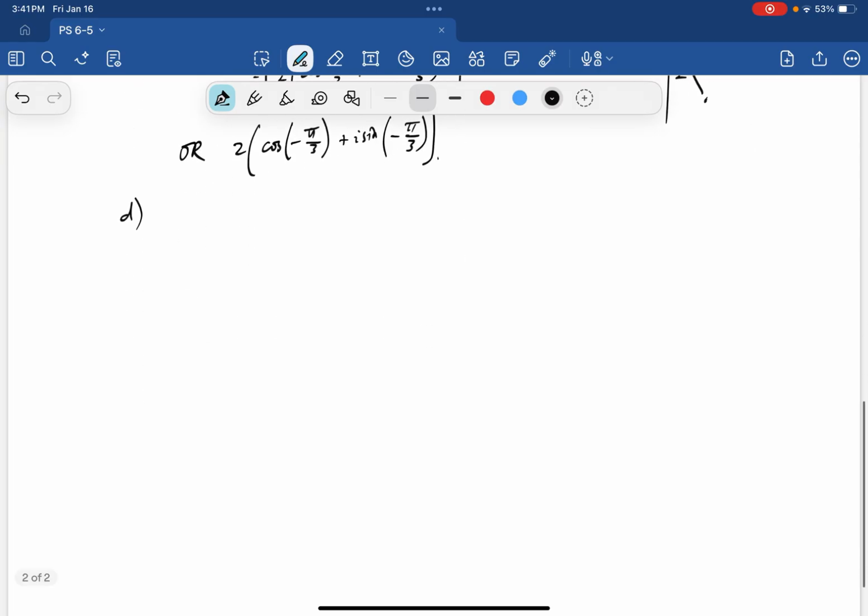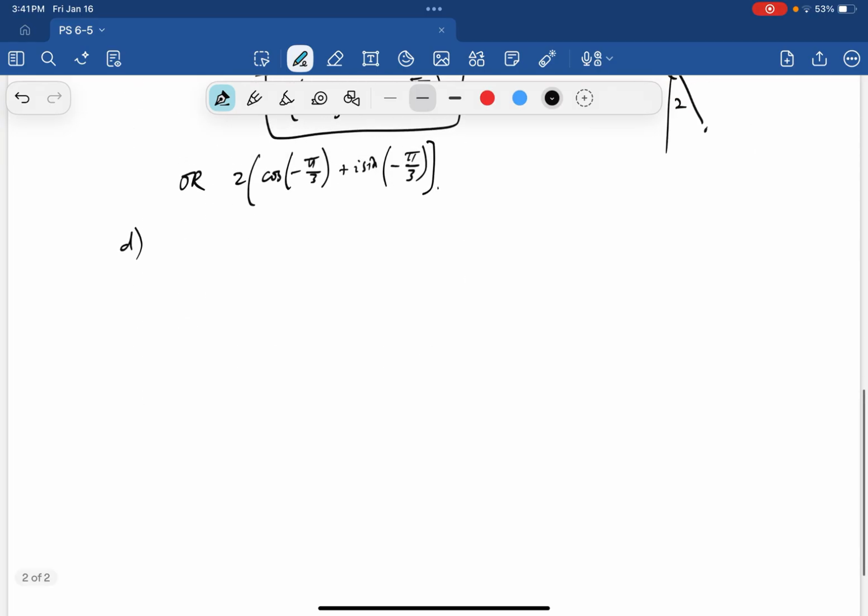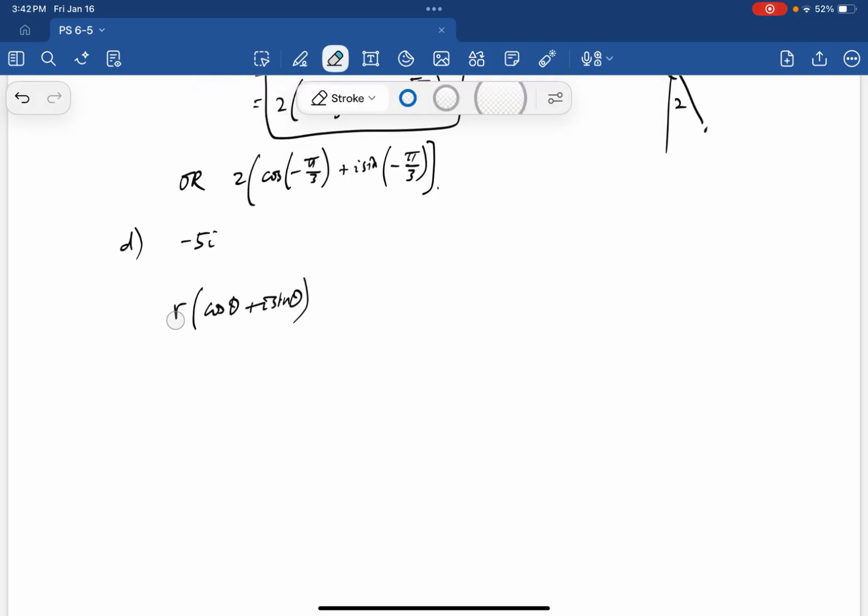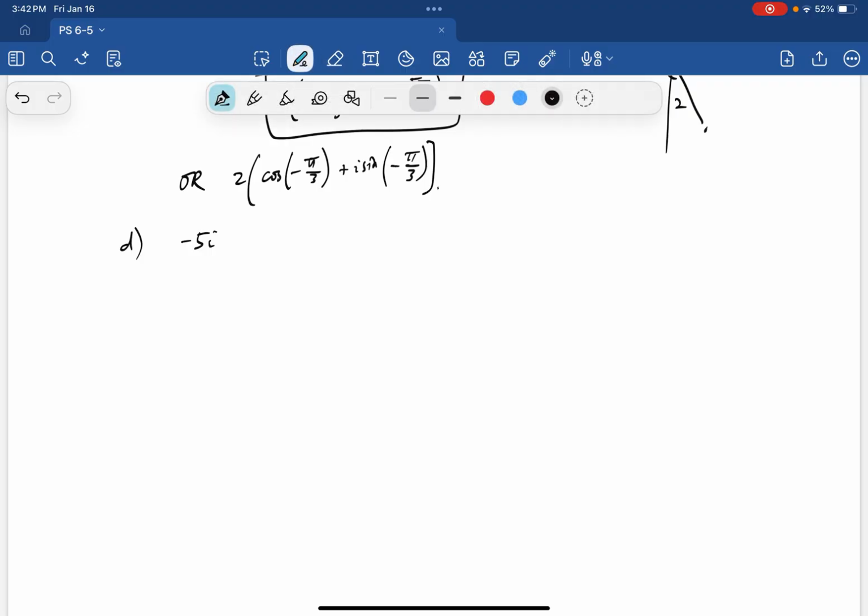Part D, negative 5i. So here we are going to have to factor out the magnitude once again. Remember that the r in r cosine theta plus i sine theta has to be positive. And so we can't factor out negative 5. We have to factor out positive 5. So we'll do that. We have 5, and then it's helpful to write a 0 here. 5 times 0 minus i.